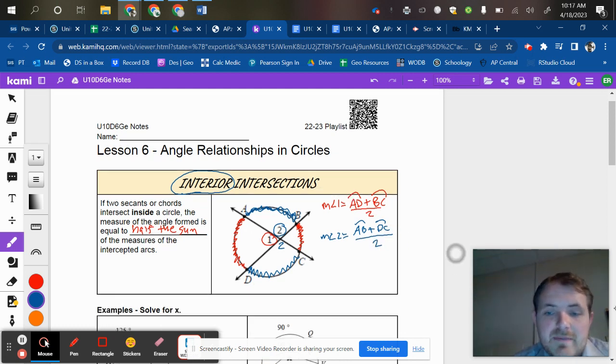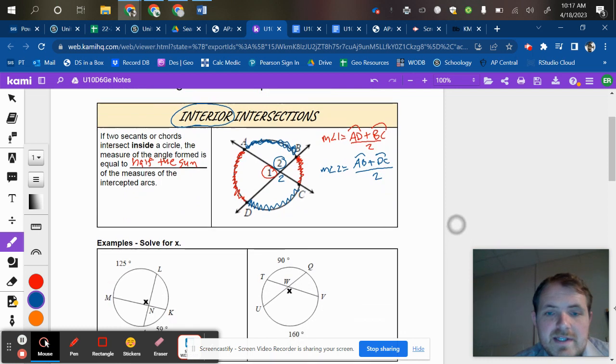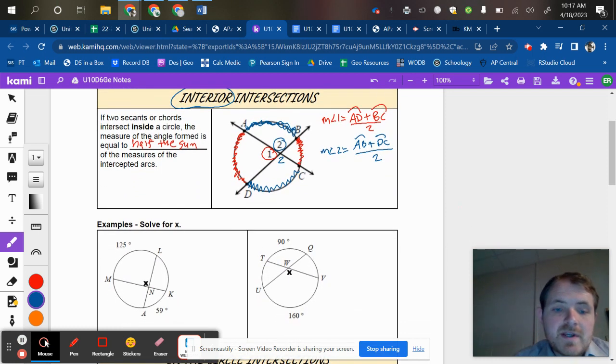So to kind of put that into practice down here, hopefully it'll make a little bit more sense with numbers. So if I'm looking for angle X, the arc that gets created by angle X is 125. I always like to extend the lines. You don't have to, but I like to. So 125 is the first arc, and then angle X is technically right there as well because of those vertical angles.